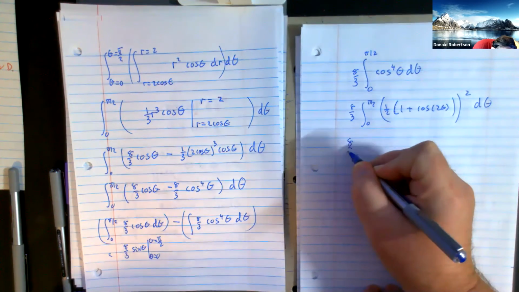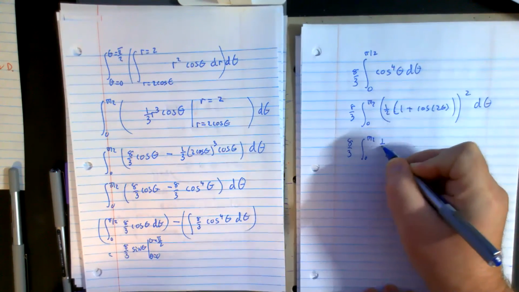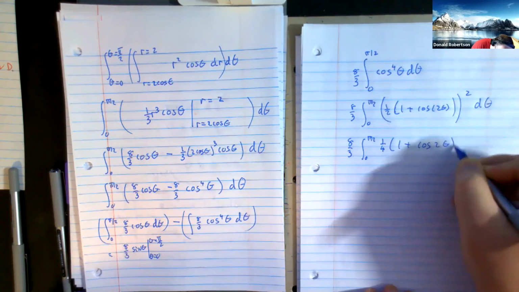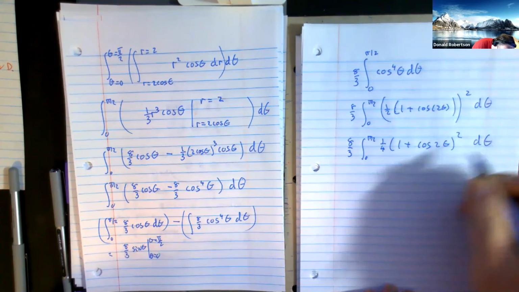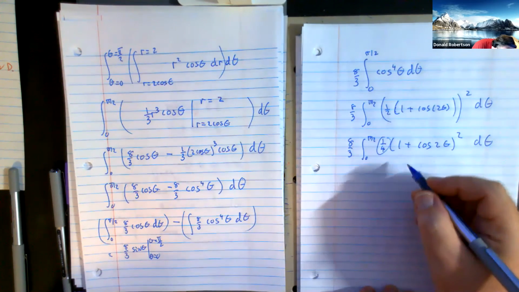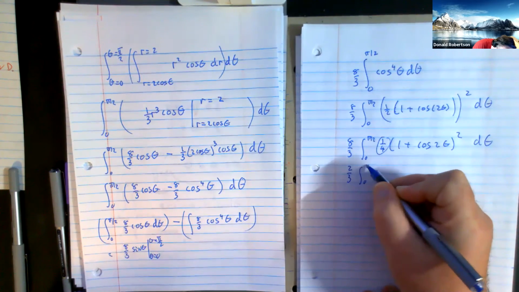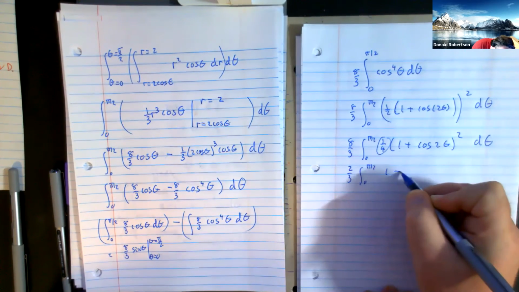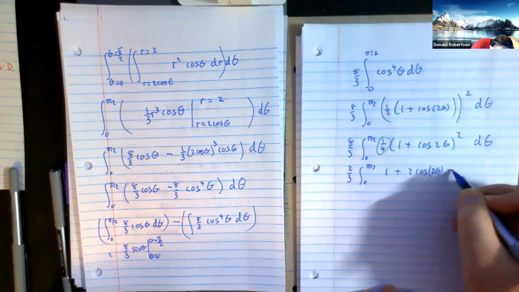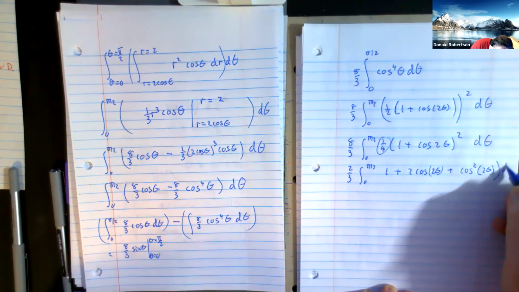Now, that's going to get you 1/4 of 1 plus the cosine of 2 theta squared, d theta. I'm going to suck that quarter out because there's enough fractions going on right now, and that gets me 2/3. And I'm going to FOIL this out. And I now have reached this stage.